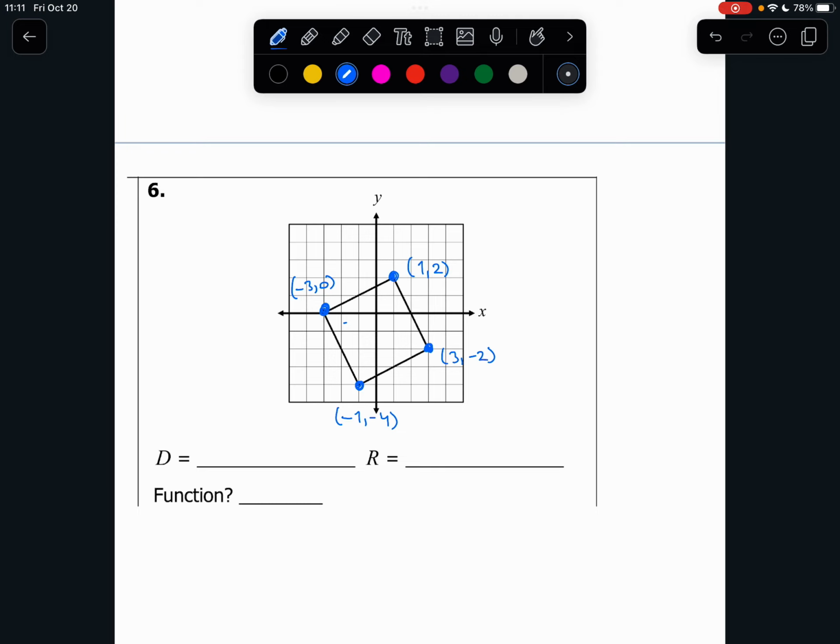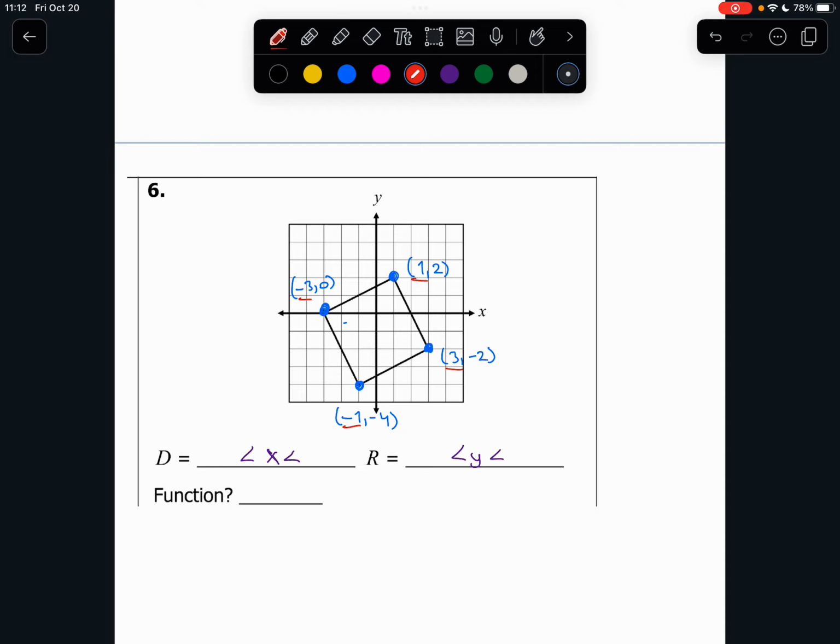We simply use inequalities. And so what we'll do here is, on the domain, remember, is x, so we're going to do less than x, less than. For range, we'll do less than y, less than. And then we'll determine what the lowest x is and the highest x is on this graph. Looking at all my x's, I have -3, +1, -1, and +3.